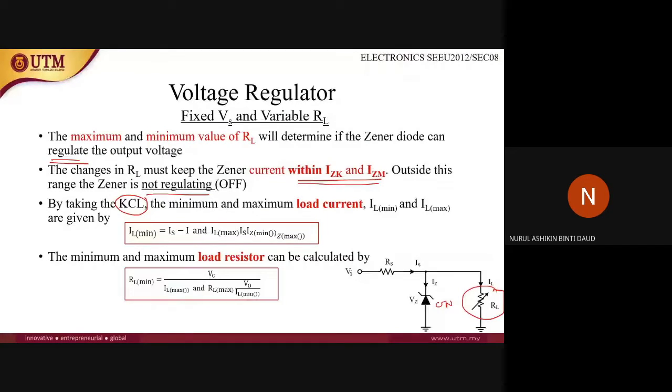I'll check. Sometimes maybe because the format is different, that's why it's lost here. This is fixed VS and variable RL. IL minimum, IZ maximum. Sorry, this is lost here. IZ here is IZ maximum.